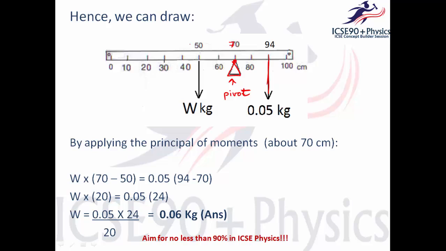We've already seen that the mass of the meter scale always acts at the midpoint, that is at the 50 centimeter mark. So if you observe from here, this mass about this pivot point would tend to have an anti-clockwise moment, unlike this weight of 0.05 kg, which tends to have a clockwise moment.